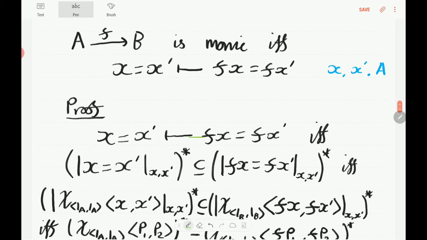So what's the proof? Well, we just interpret this Mitchell-Bénabou language basically.